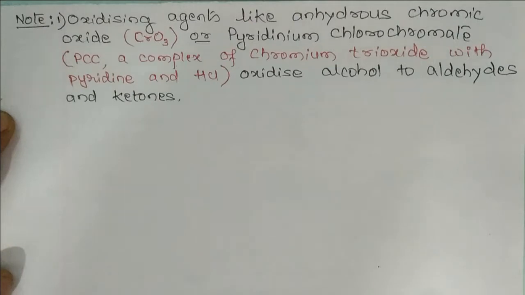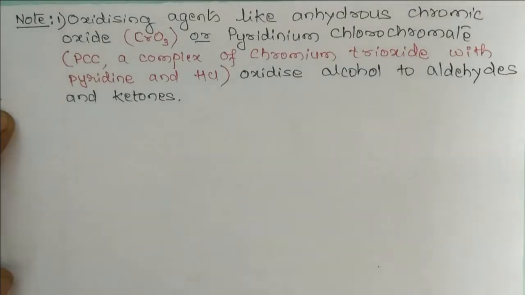Oxidizing agents like anhydrous chromic oxide, CrO3, or pyridinium chlorochromate, in short called PCC, which is a complex of chromium trioxide with pyridine and HCl, oxidize alcohol to aldehydes or ketones. As these are mild oxidizing agents, we can stop the reaction at aldehydic or ketonic level.